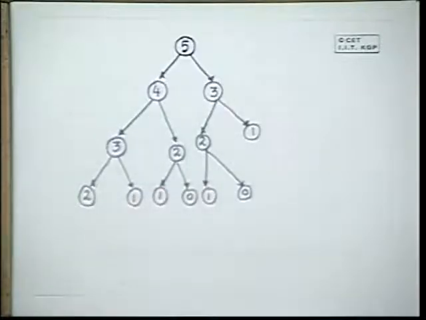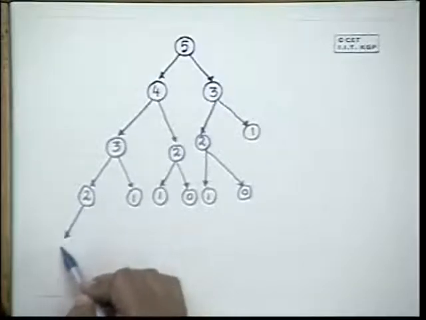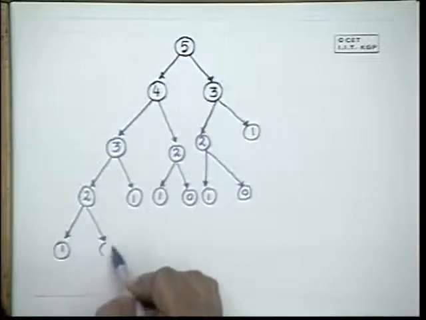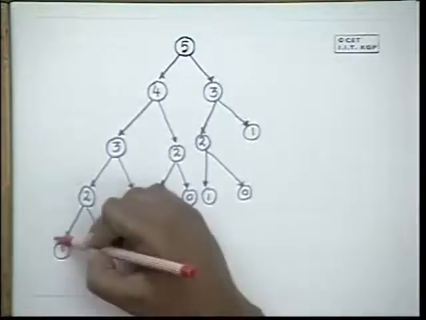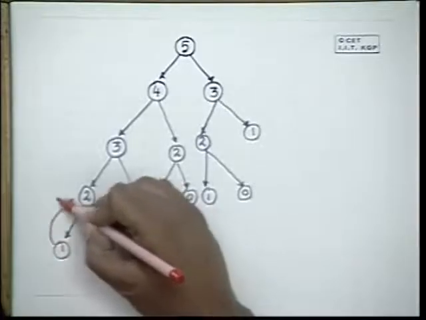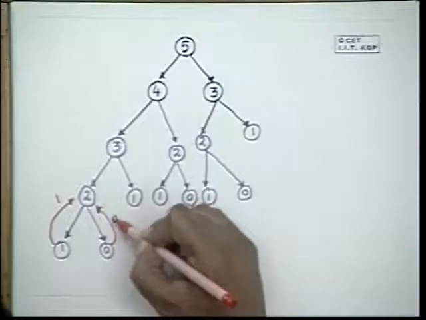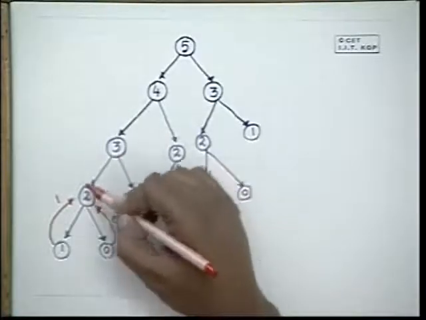Oh, I'm sorry, I have missed out something here, this 2. So this returns 1, this returns 0. To solve this, I need to get a value from this.